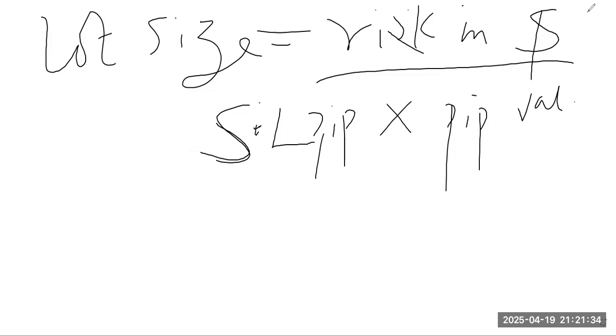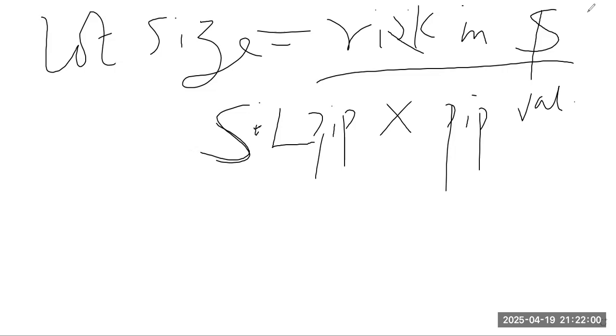Then I told you the pip value for standard lot. If you are using a standard lot account, 1 pip movement is going to equal $10. When it moves 1 pip in your direction, you will be making $10 per pip. But when it moves 1 pip against you, you are also losing $10 in that 1 pip movement.